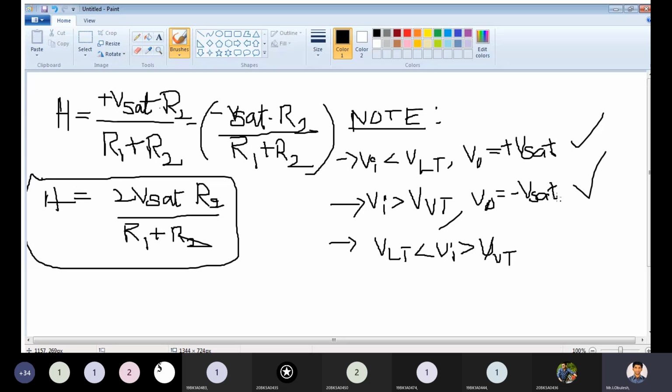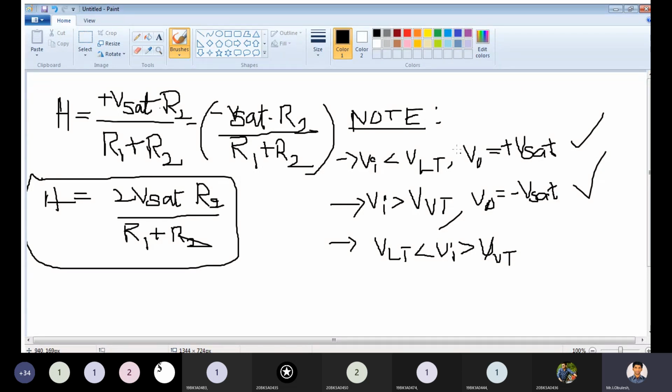V0 is the previous state achieved. That value only you will get at the output of the basic inverting Schmitt trigger. You need to draw the input and output waveforms of the inverting Schmitt trigger.